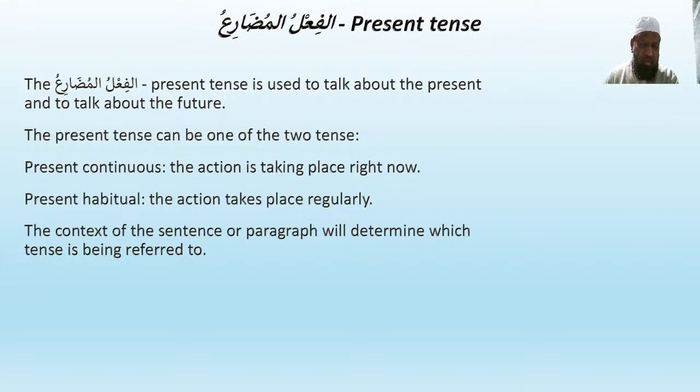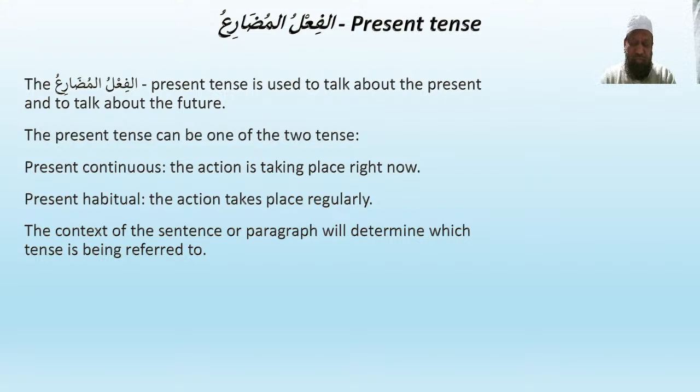As we've learned, al-fi'l al-mudari has no rules to make. It has already been made, like madi has already been made. So with madi, we learn the first sigha of al-fi'l al-mudari.